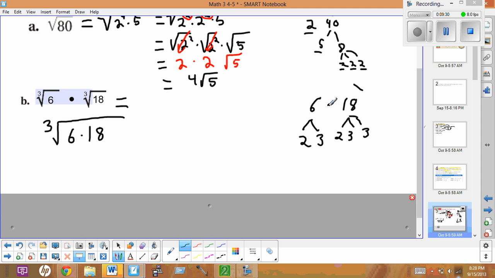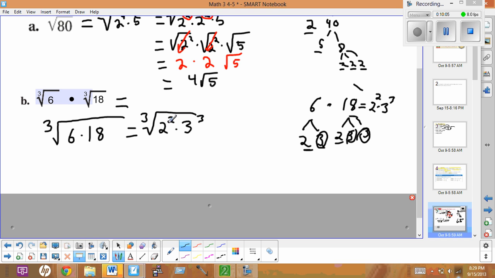So 6 times 18 is actually equal to 2 squared times 3 cubed. So I'm going to rewrite this radical as the cube root of 2 squared times 3 cubed.